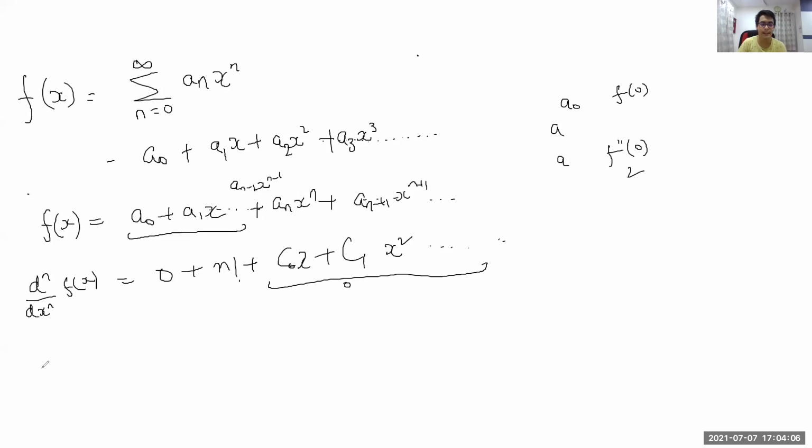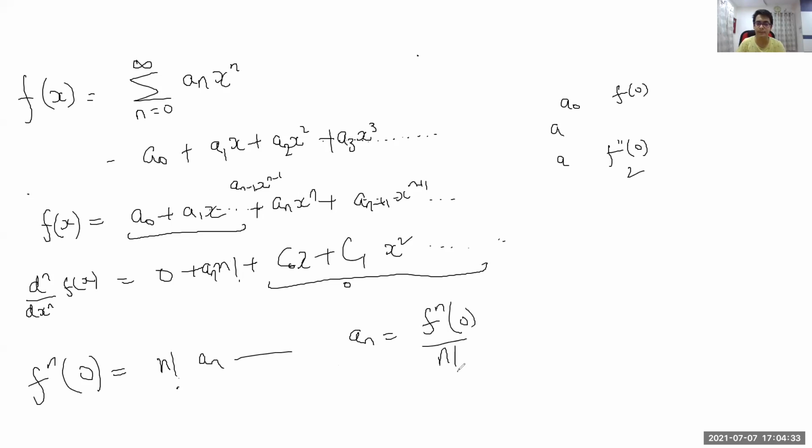That's just going to be n factorial times an. Oops, I forgot the an there, so the an will also be there. So the derivative of x to the n is n factorial, and you just multiply that by an. Yes, so now you can just see that the nth coefficient is just going to be the nth derivative evaluated at 0 divided by n factorial.